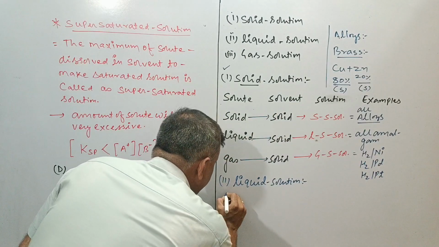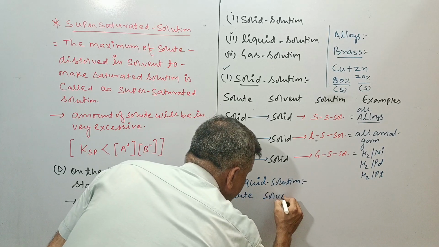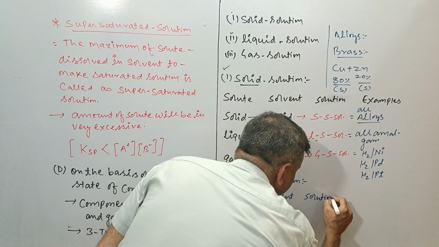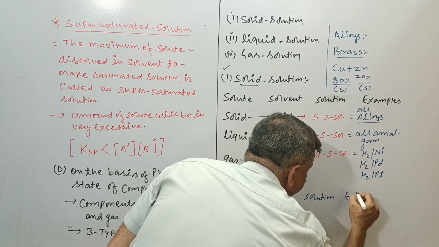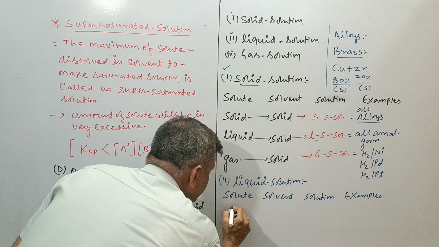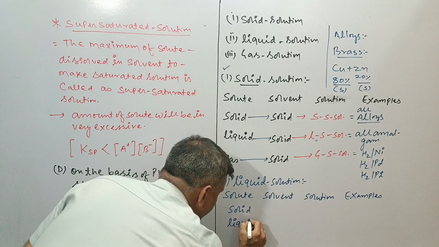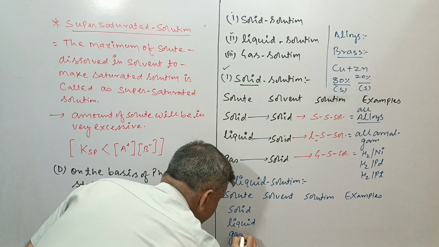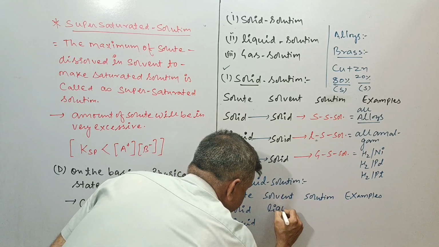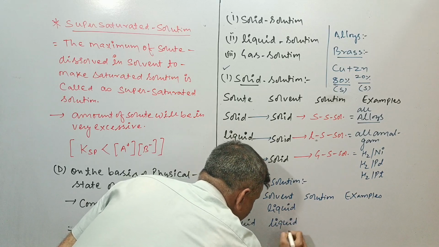Regarding it, this is the solute, this is your solvent, this is your solution and this is your examples. So the solute is solid, liquid and gas. For this the solvent here is liquid, liquid and liquid.